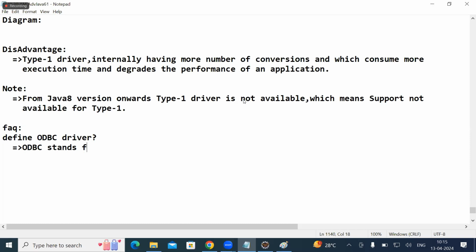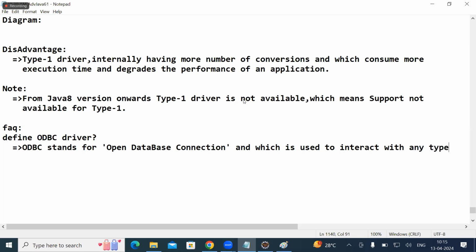ODBC stands for Open Database Connectivity, and it is used to interact with any type of database.